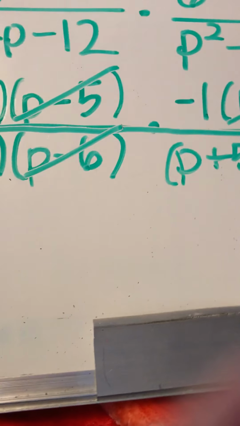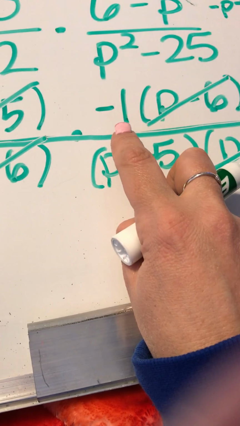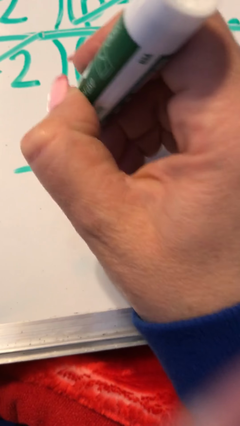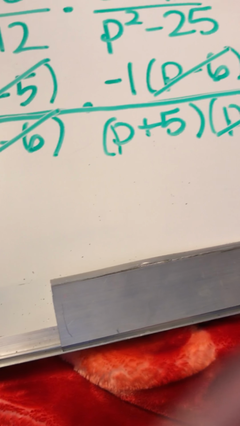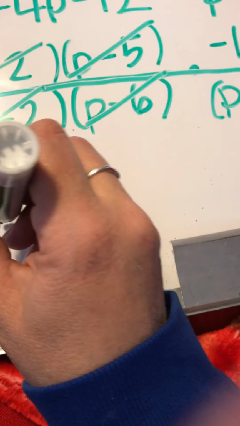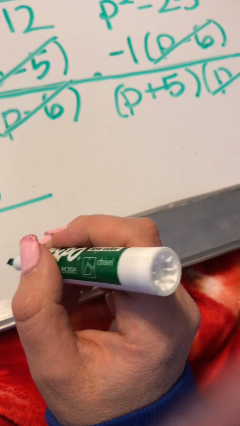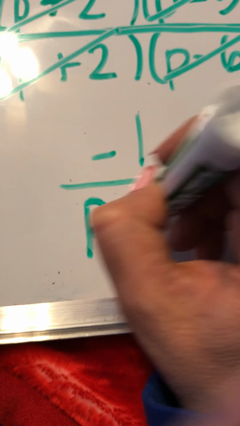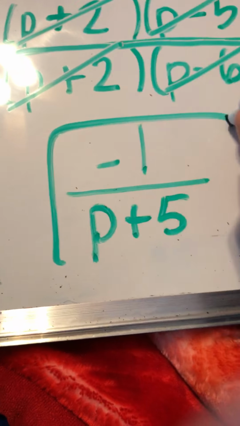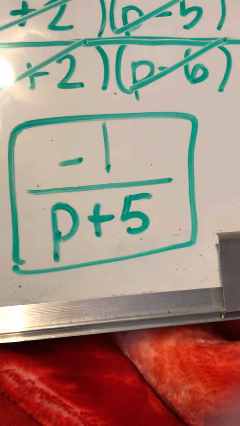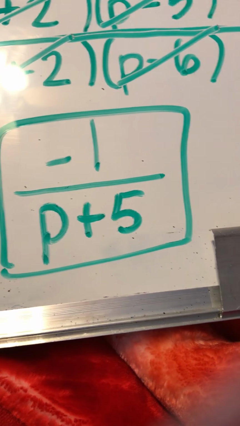The only thing left in the numerator is a -1, and all that's left in the denominator is P plus 5. So my product is -1 over P plus 5.